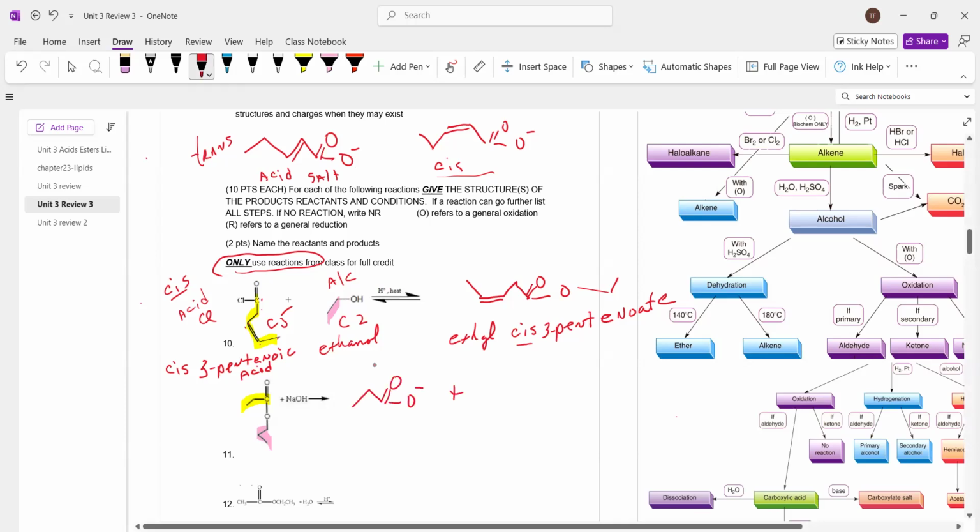And a 3-carbon alcohol. And we have sodium propanoate.